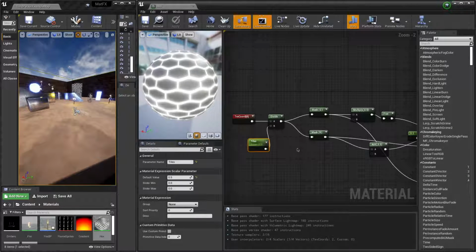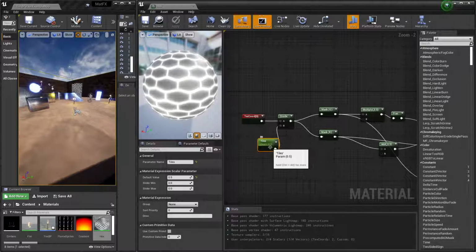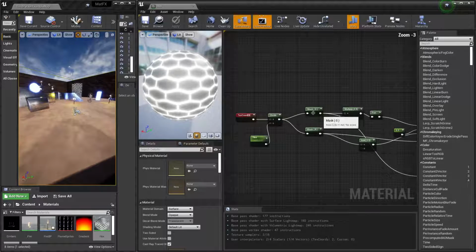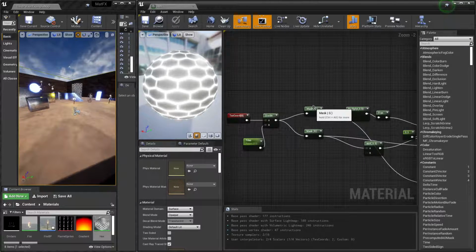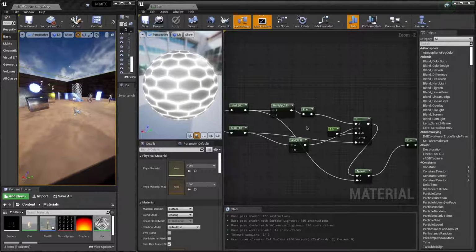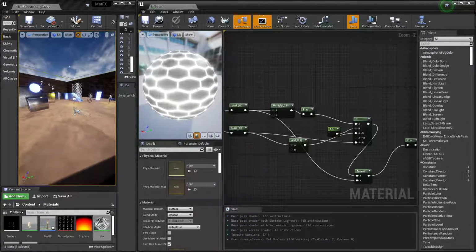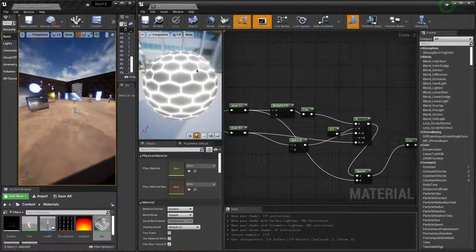and we're doing this divide by half. I don't know why I did that. And then we're masking the green and red channels, and we're multiplying it by half. And then we're using this frac because this is essentially the same as modulo 1, right? So per 1 unit, this coordinate will repeat.